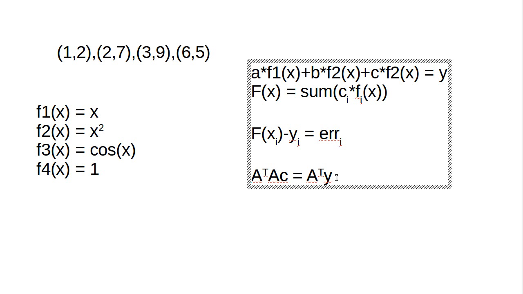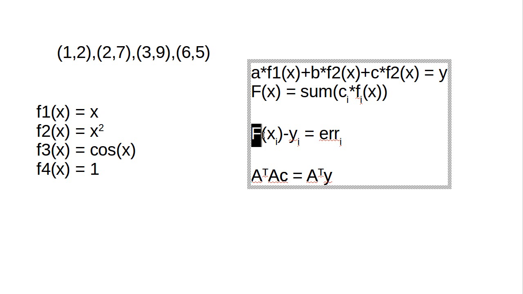And it will be something that, assuming that things are linearly independent, is actually going to have a unique solution. So the question is, how do we get our A? The C is pretty obvious. The C is the things that we're trying to solve for, as we saw before with our Gaussian elimination. The y is just a vector of the y values in these points. So what is this A?